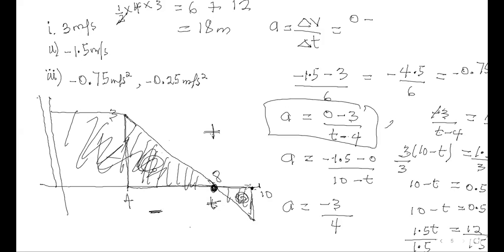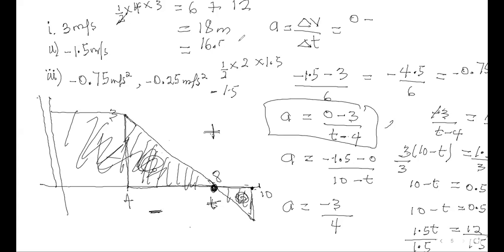Then this small area, this is also half times 2 times 1.5. So it's 1.5. So when you subtract 1.5 from 18, you have 16.5.